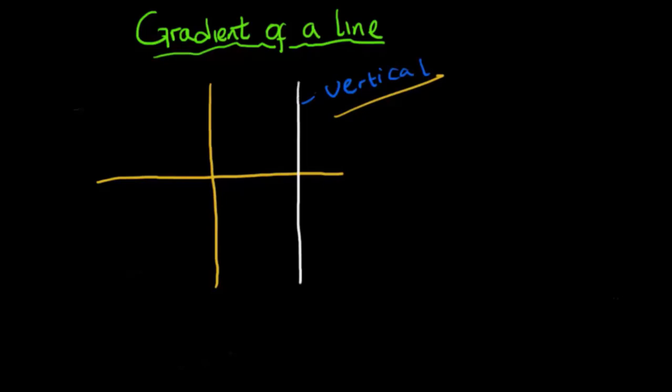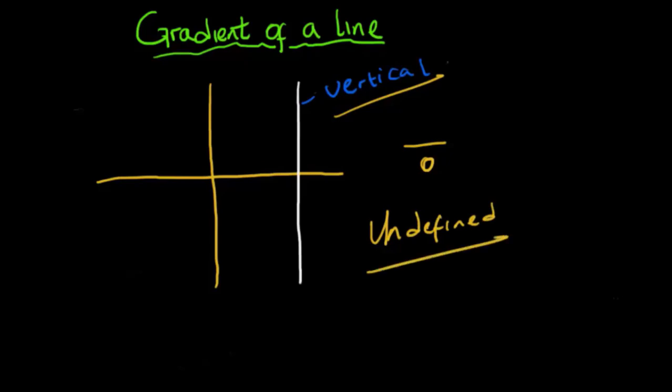Now, as you can see, a vertical line only has rise. It does not have run. So what that means is that for the run, we'll be having 0 beneath. It only has rise, which means that the slope of a vertical line is undefined.